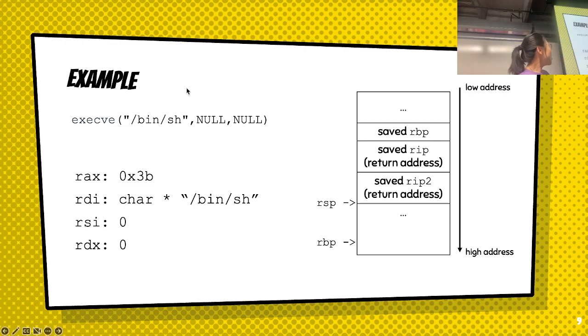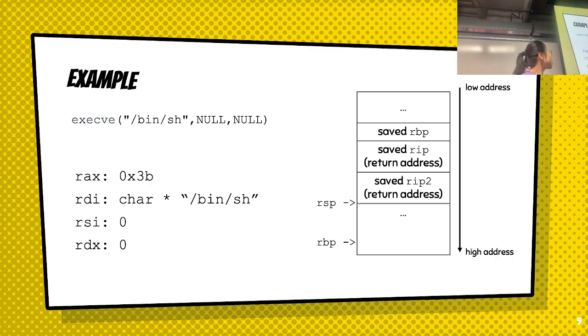In order to call execve with the proper arguments, what we need to make sure is that we have a system call, and RAX, the number of that system call, will be 0x3b. So this is the system call of execve, number 0x3b.